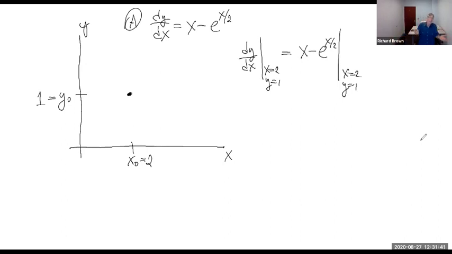Y is not in this particular equation, but that's okay. If you calculate this, it is 2 minus e to the 2 over 2, so 2 minus e to the 1, which comes out to be something like 0.718.